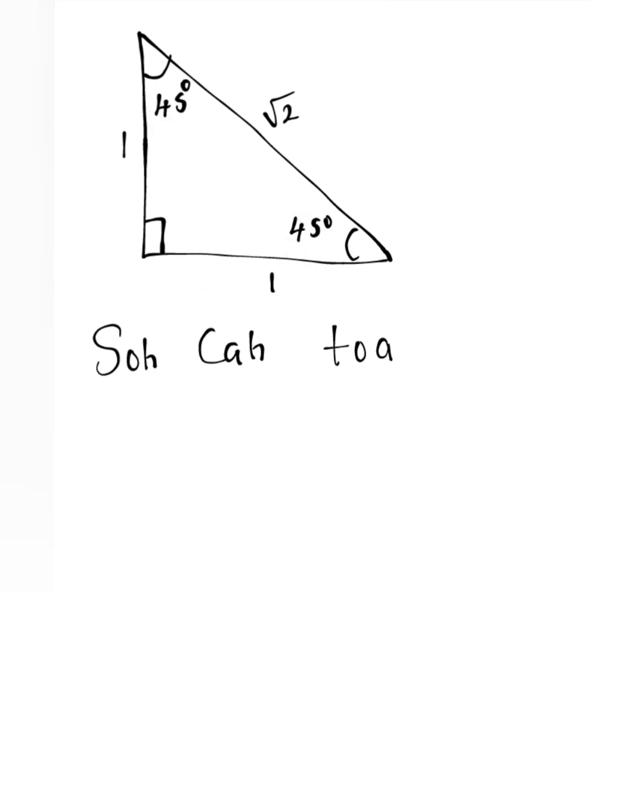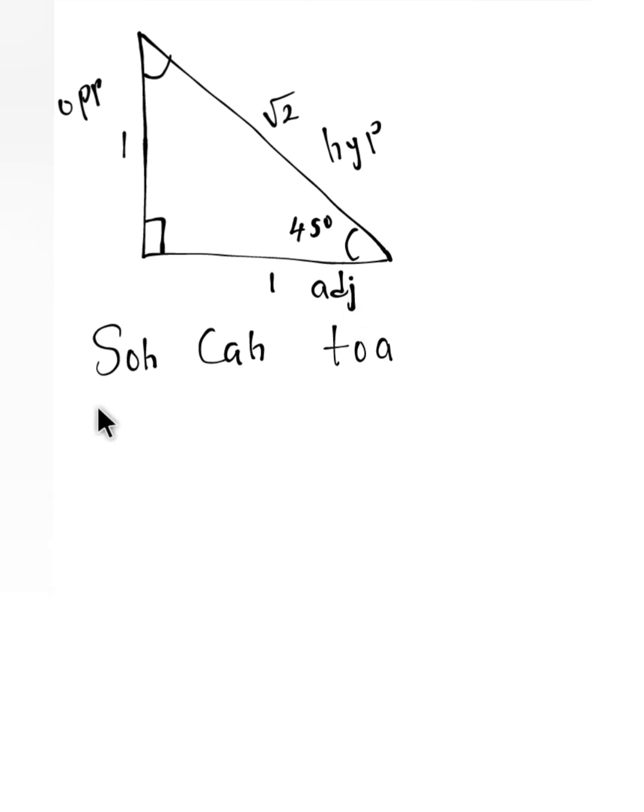The other one, we can eliminate it for now. So let's identify the 3 sides of this triangle. The longest side is the hypotenuse. The side that is opposite to this angle is called the opposite. While the last part of the triangle is the adjacent.